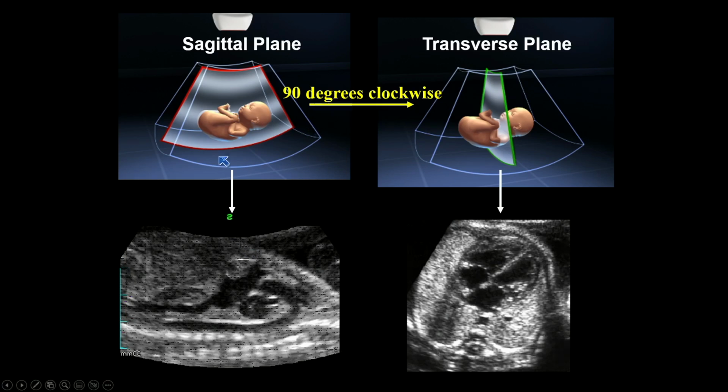What we do is we displace the fetus in a transverse lie with the head here, and then turn the probe 90 degrees clockwise, and you will always get a four-chamber view. This four-chamber view is looking from the bottom up to the head. So this is left, if this is the spine. That's the way we display it.